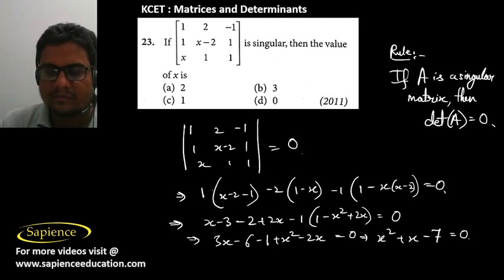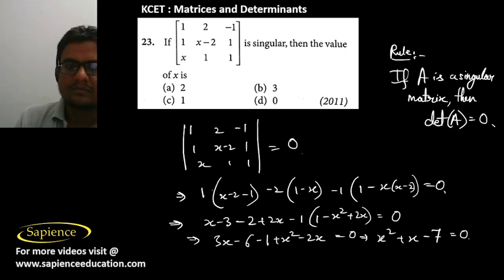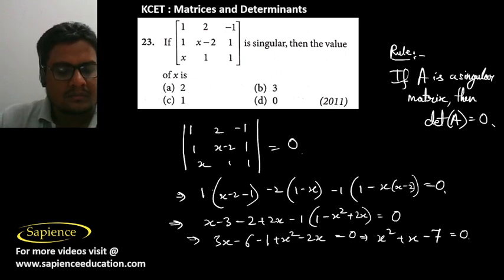It's 3. So this will be 1 into x minus 2 minus 1, then minus 2 into 1 minus x, then minus 1 into 1 minus x into x minus 2. So this will be x minus 3 minus 2 into plus 2x, then minus 1 into 1 minus x square plus 2x.